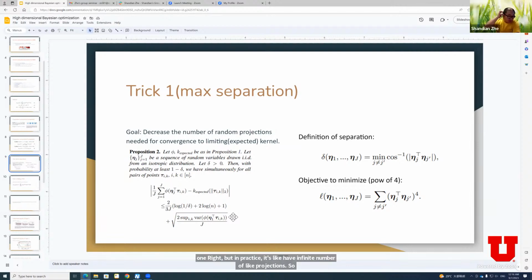So now that they can prove the form of the expected kernel in the limit, why don't they just use that expected kernel to do the inference? It's still not working.